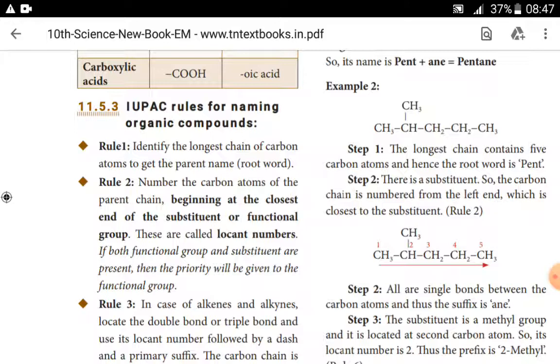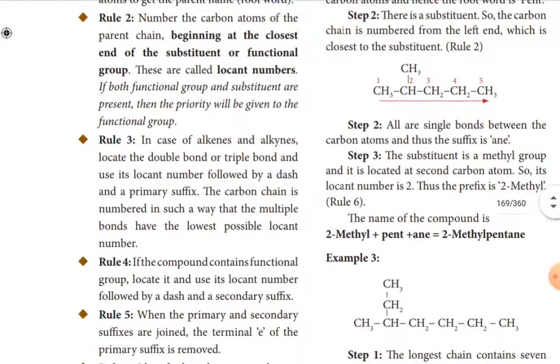Second, we number the carbon atoms, starting closest to the functional group or substituent. It is called a locant number. Third, you have to find out whether it is alkane, alkene or alkyne: single bond means alkane, saturated; double bond means alkene; triple bond means alkyne.